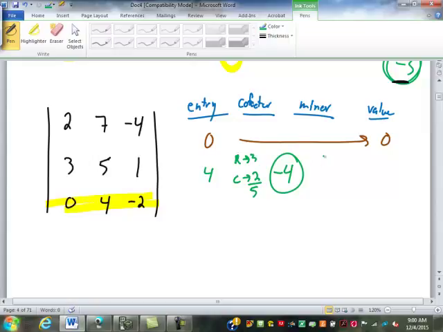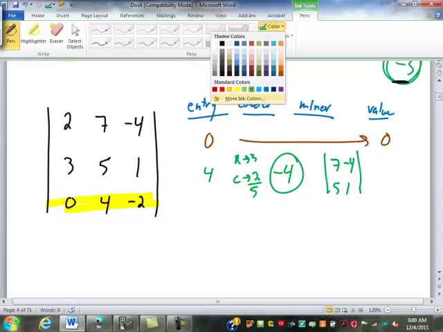My minor. Without me doing any drawing in there, can anybody tell me what the minor is? 7, -4, 5, 1. Perfect. Because I'm going to exclude this first row here, or first column, because the 0 is in it, and I exclude the row that we're expanding around.